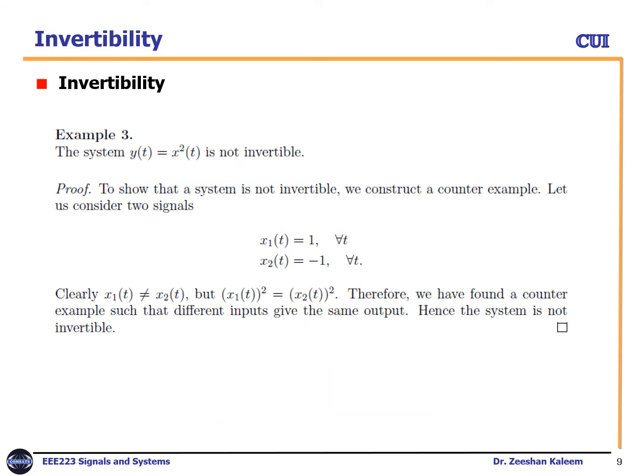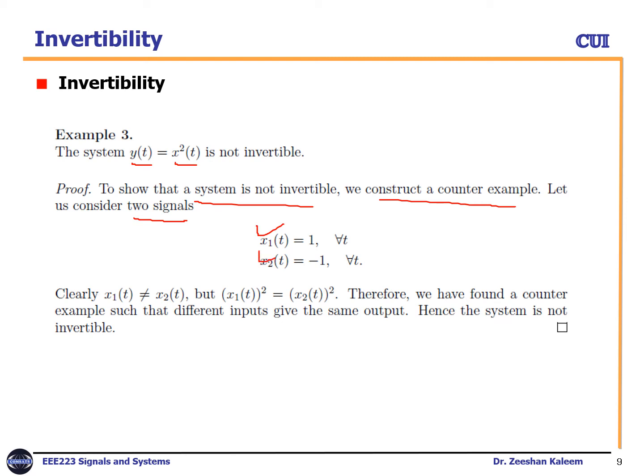Now let's see the example of a system that is not invertible. The system is given by y(t) equals x squared of t, and you have to prove whether this system is invertible or not. We have to prove here that this is not invertible. To show that the system is not invertible, we construct a counter example. Let us consider two signals, x1 and x2.